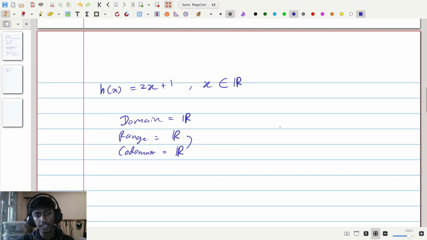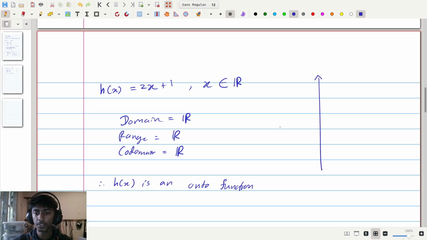So because the range and codomain are exactly equal to each other, we can say h(x) is an onto function. Onto function is just a word, and it means that every possible output of h(x) is hit by h(x). There is no output we can get from h(x) that is not findable.